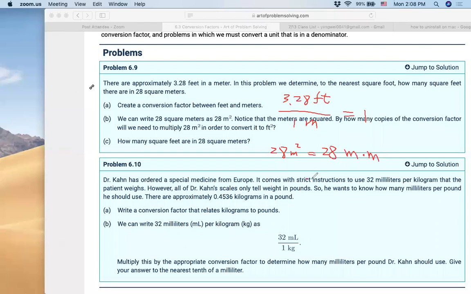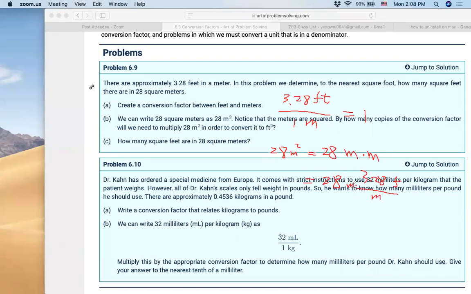Then for each meter, you use this conversion factor: 3.28 feet over the meter.